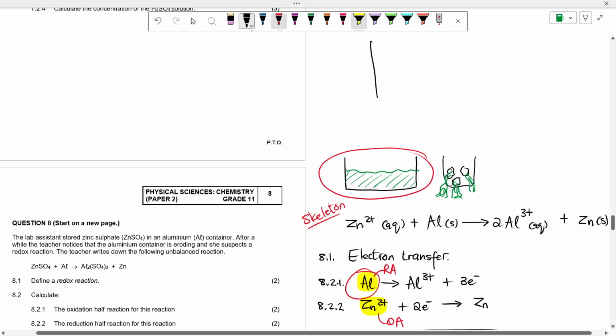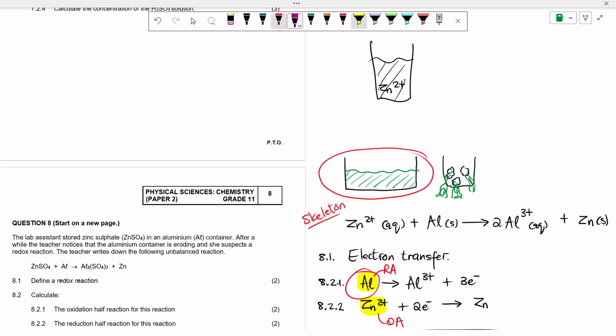Another example they can give, let's say they put zinc sulfate, which is Zn2+, in here. Then they say, okay, we are placing iron nails. This nail is iron, Fe. So it means we start with Fe solid. But if you go to your tables and you see that it actually starts as Fe3+ to become Fe solid, then you know that the reaction will not happen.